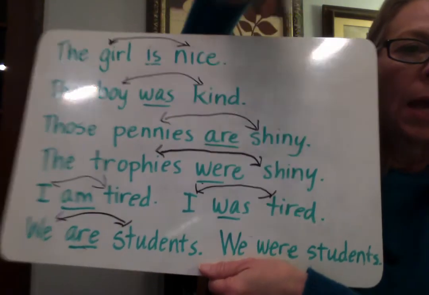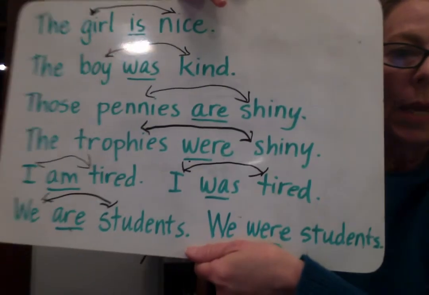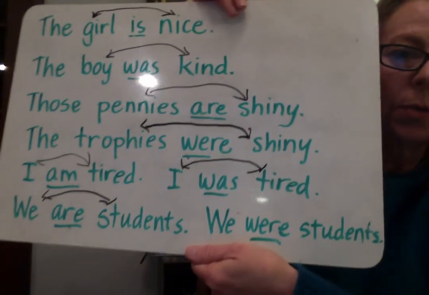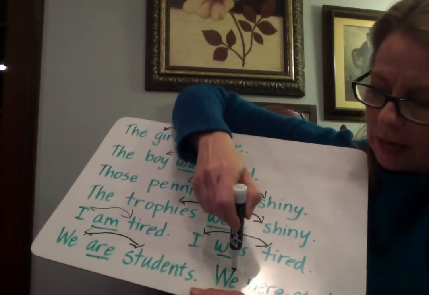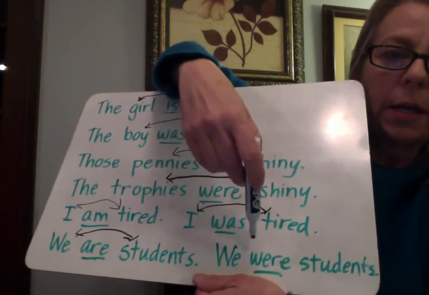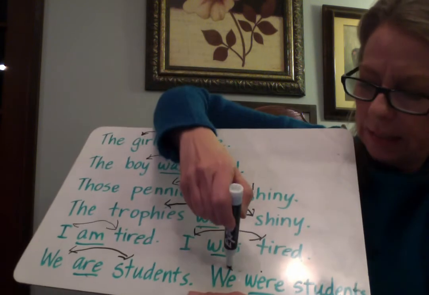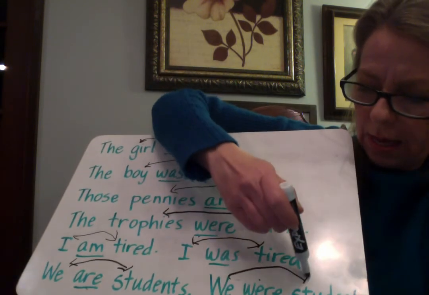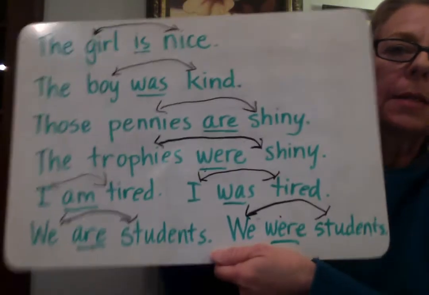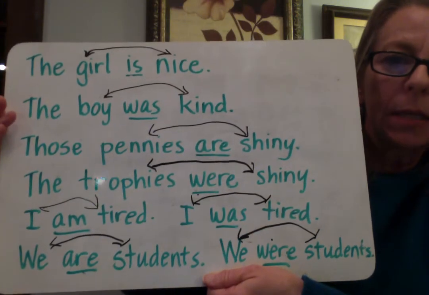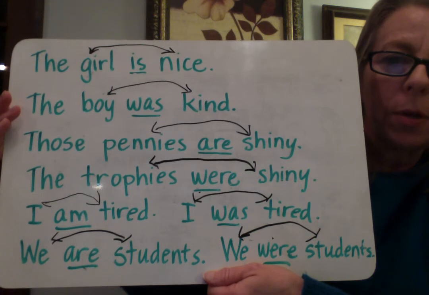So I could say, all of us teachers, we were students. We used to be students in the past, right? So we could say that the were is the past tense for connecting we and students, okay? So it really depends on what your subject is to which linking verb you're going to use.